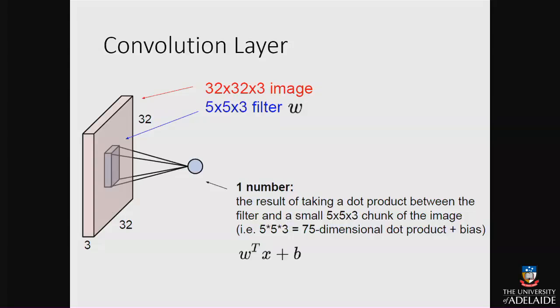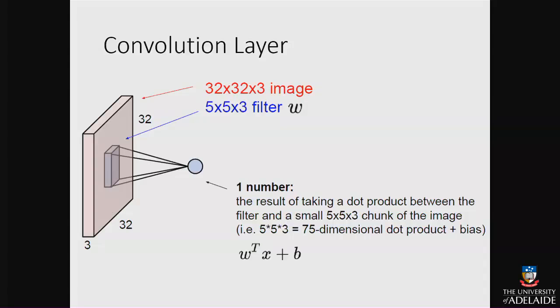That's why we call it a convolutional neural network. We convolve each filter across the width and height of the input volume and compute dot products between the entries of the filter and the input at any position.